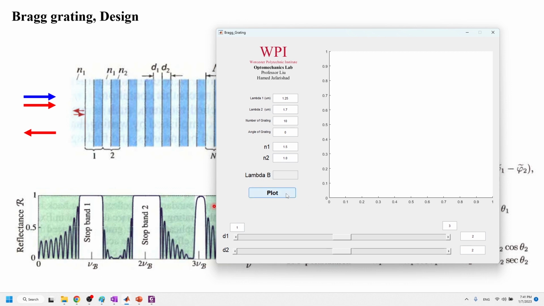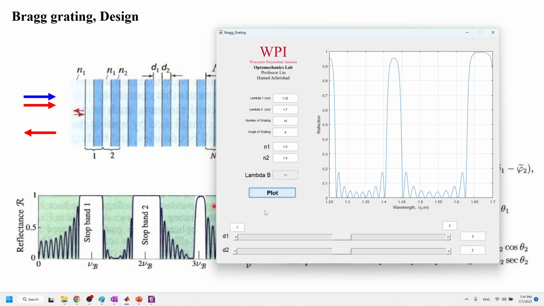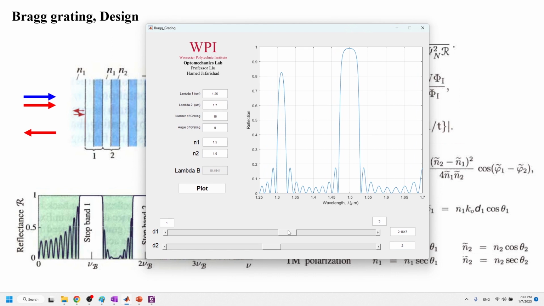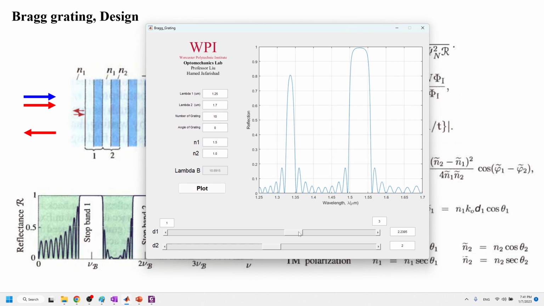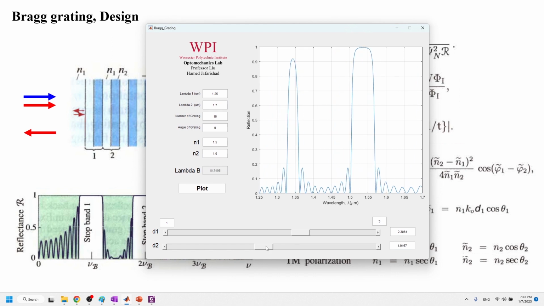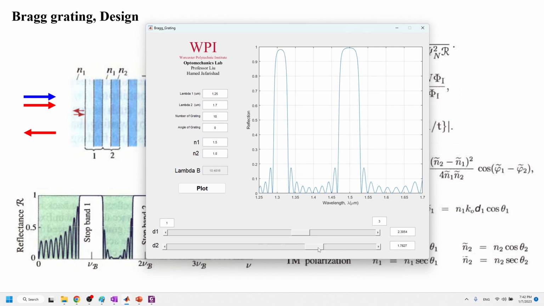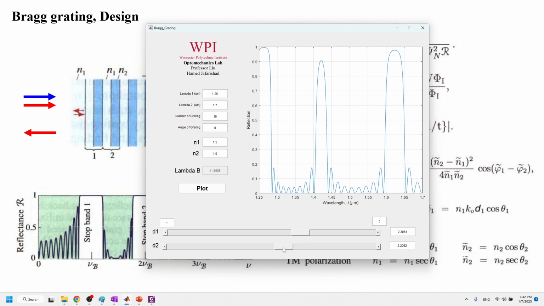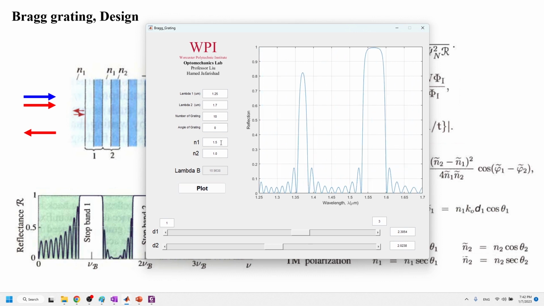If I click on plot, okay, we can see, similar to this, the reflectance for the Bragg grating, the reflection at different wavelengths. If I change the size or thickness of the different media, I can change other parameters.